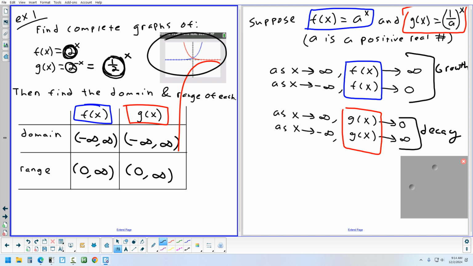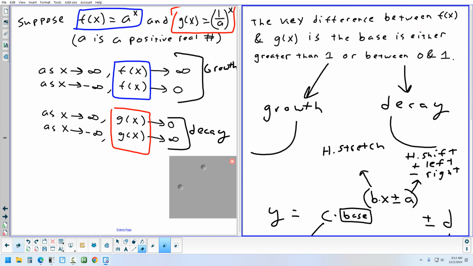If B is a negative number, what does that cause your graph to do? Flip over which axis? The y-axis. The blue and the red one there, those are reflected over the y-axis.